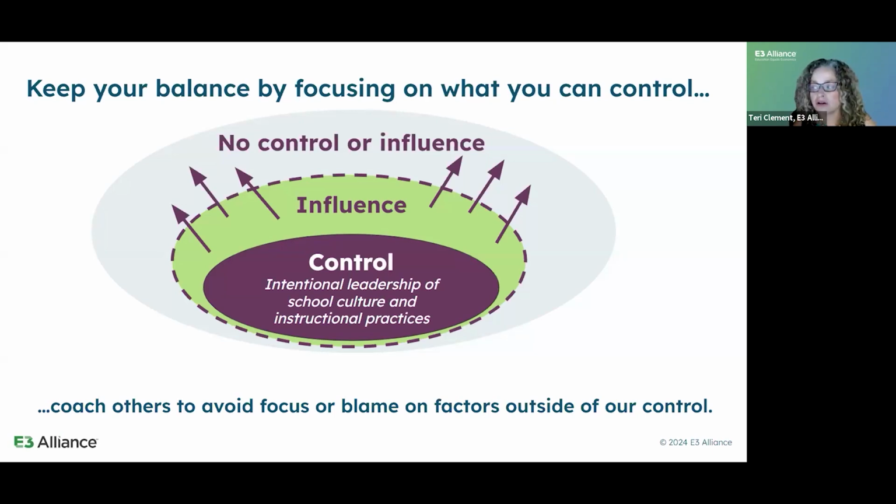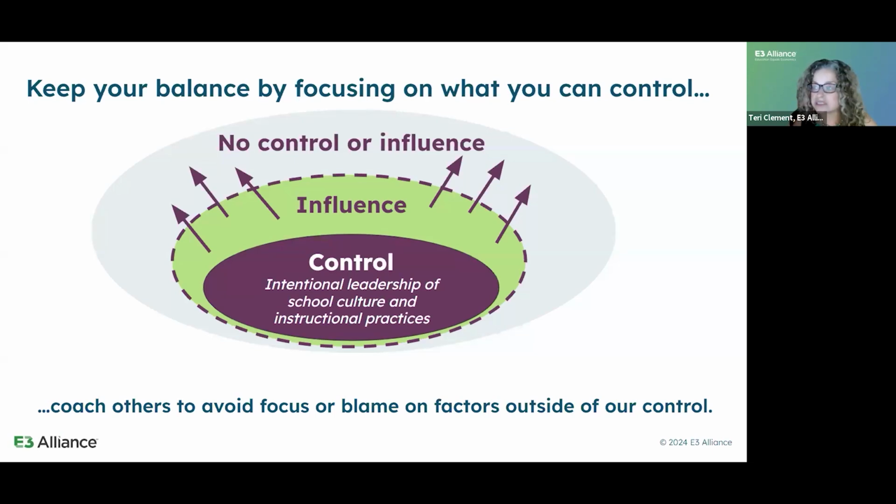We can control our own professional practices and how we lead the professional practices of others. We have control over our own moves that result in our school culture, how the adults behave, how the students are supported, and we can control how we support instructional practices in classrooms.